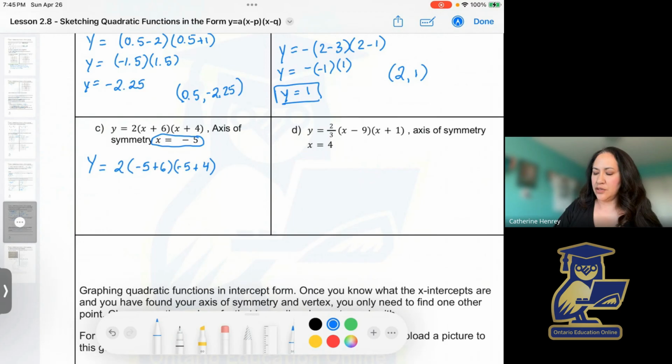Simplifying, y is equal to 2 times 1 times -1. Y here is equal to -2. So the vertex for this function is -5, -2.